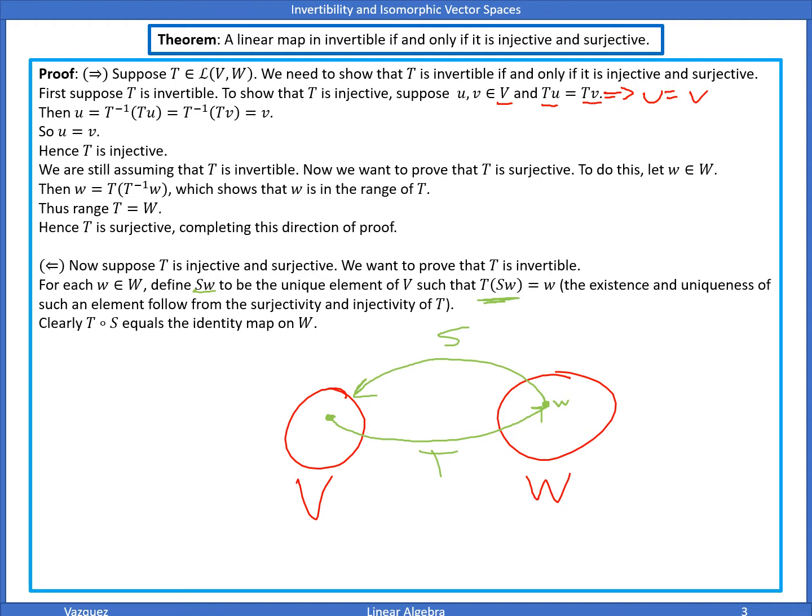So clearly, T composed of S equals the identity map on W, right? Just as we define this, clearly we get the map back to W. So we get the identity map.